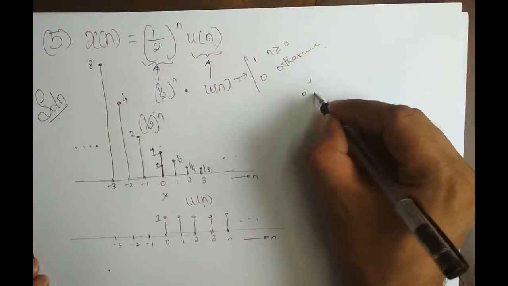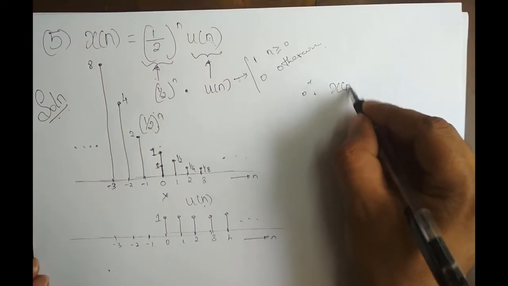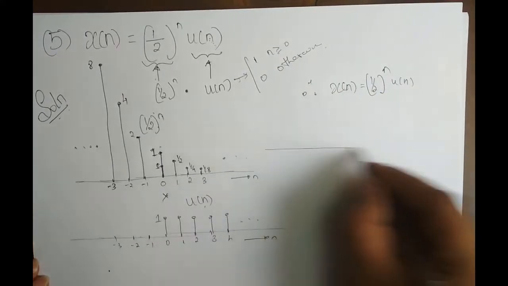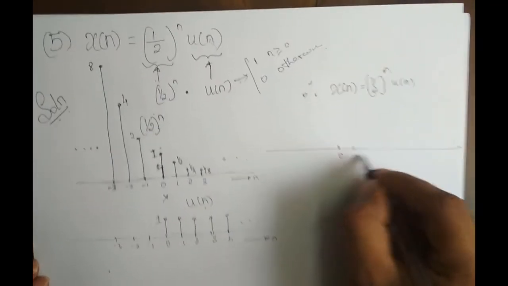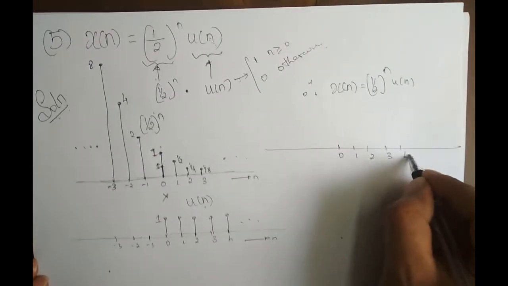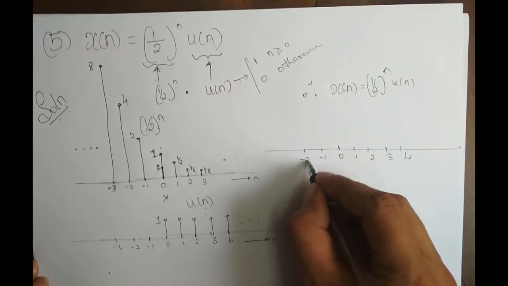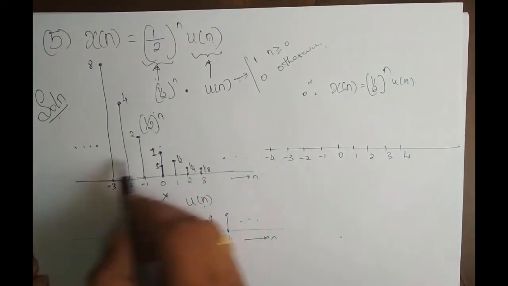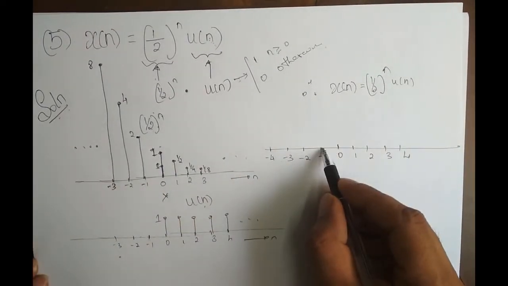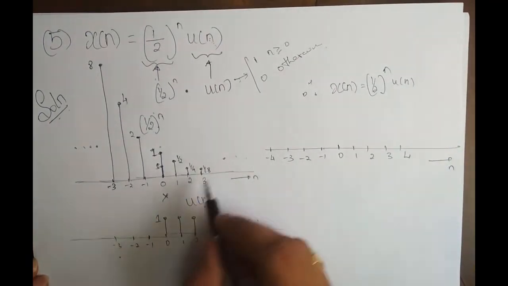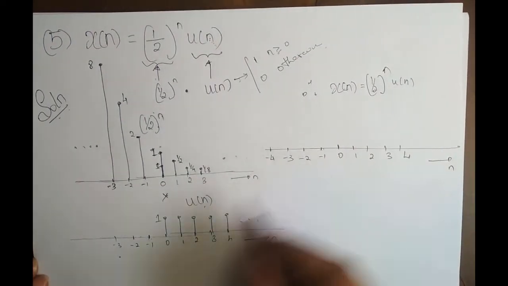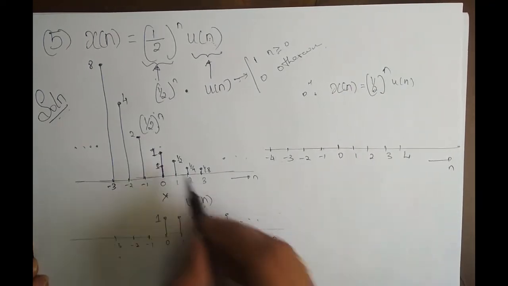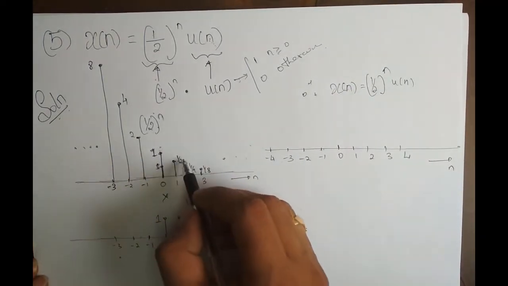Therefore the sketch of our signal x of n, which is equal to 1 by 2 power n u of n, is so 0, 1, 2, 3, 4, and minus 1, minus 2, minus 3, minus 4. So 0 multiplied by any signal, I get 0, for n varying from minus infinity to minus 1. But starting from 0, I have everywhere 1. So 1 multiplied by this signal, I get this signal itself, right?